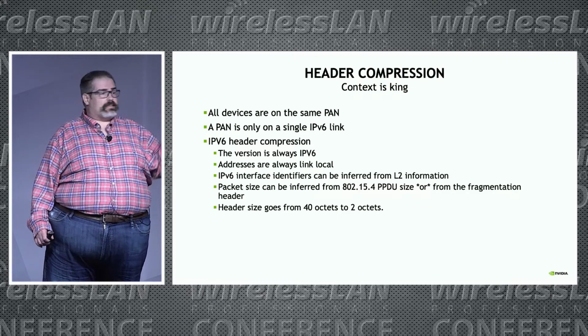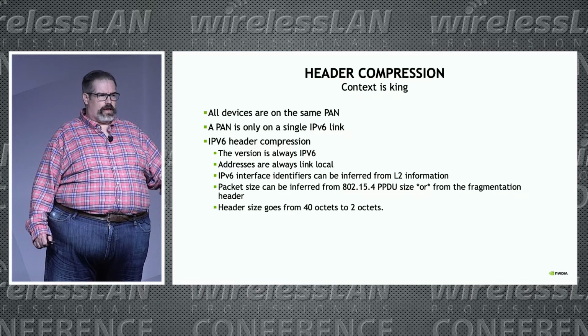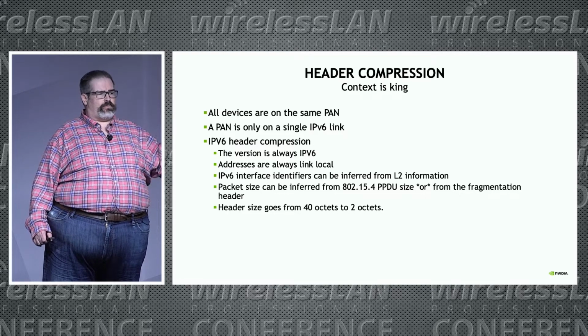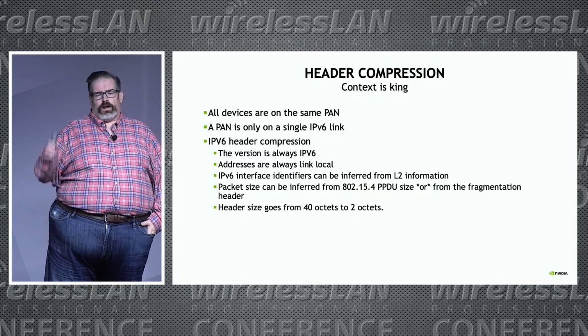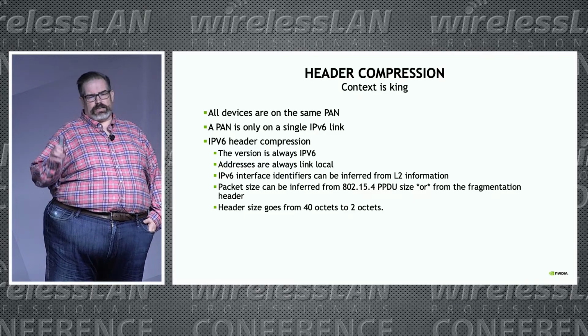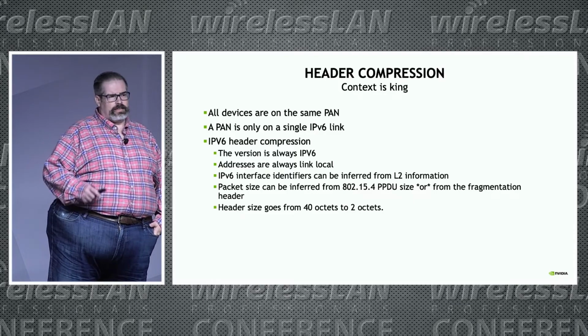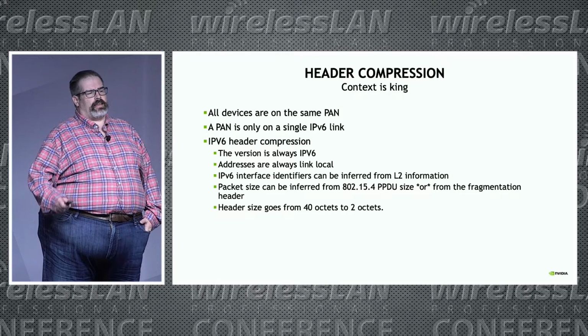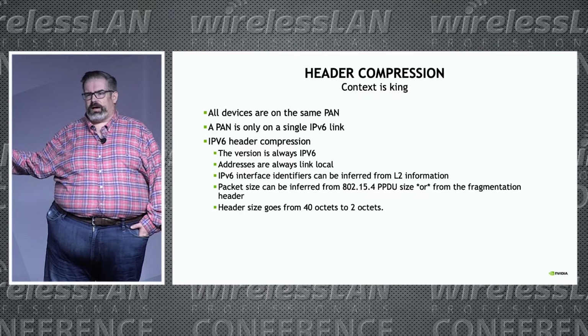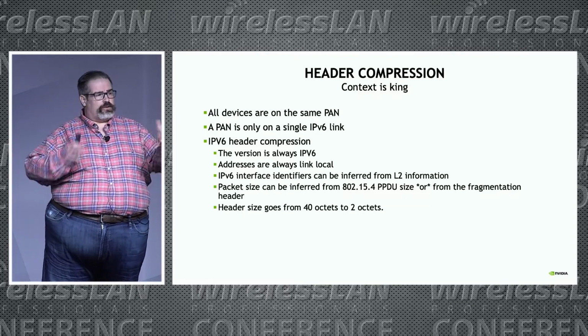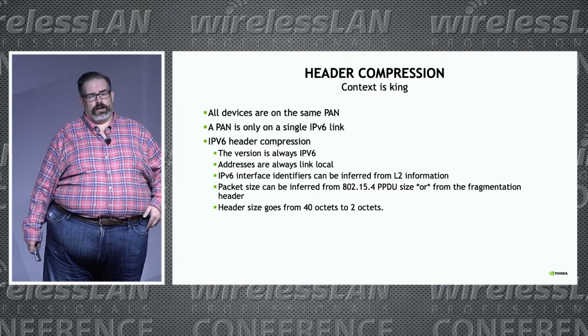And the packet size, same thing. You know the PPDU size from the L2 information, you just reconstruct it. So when all of that is done, you can take the header from 40 octets to 2 octets. And that's 20-to-1 compression just by doing some math and figuring some things out from what we already know.